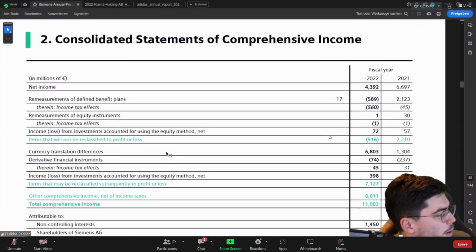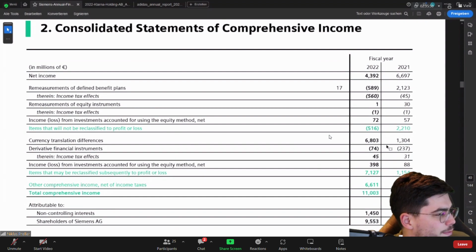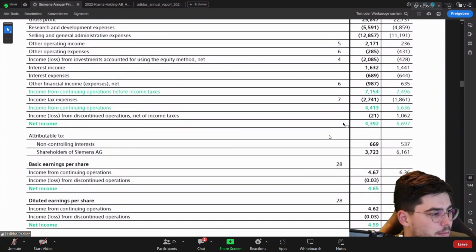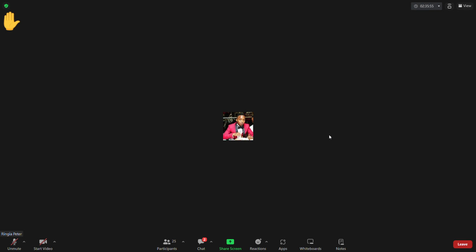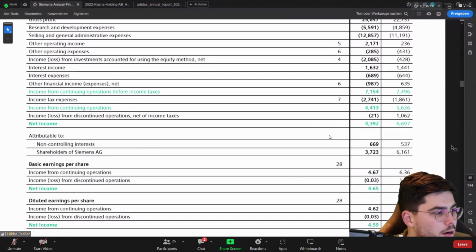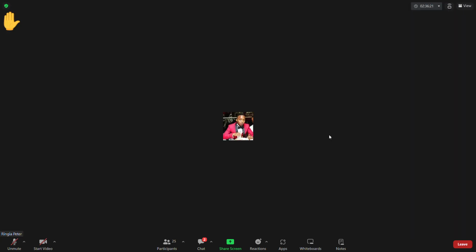So why are the currency translations in a different category, not on the income statement? Like when we bought something in a different currency, when you get some losses, yeah, but the return in does not show any losses. The return in what? Statement, like statement of income.